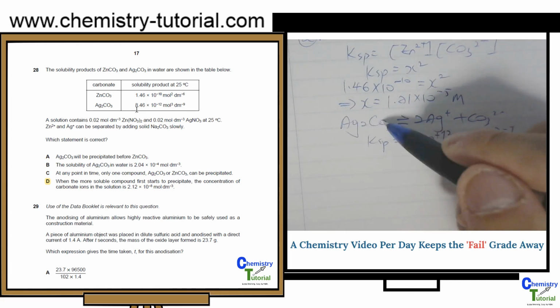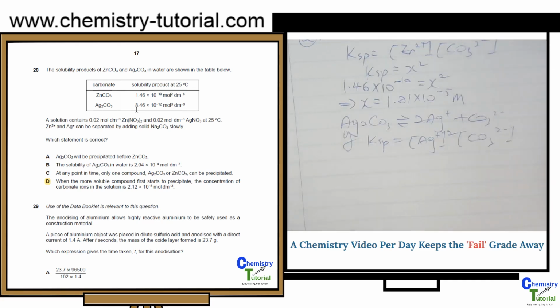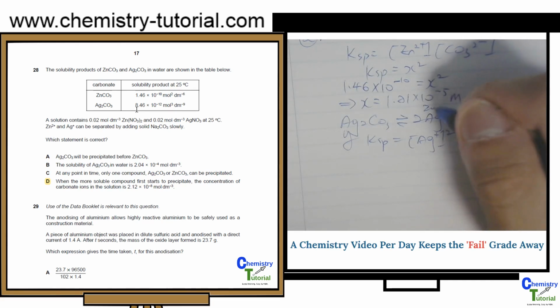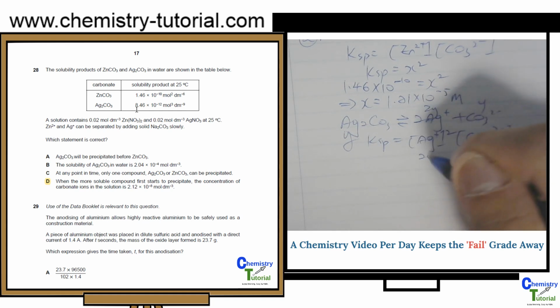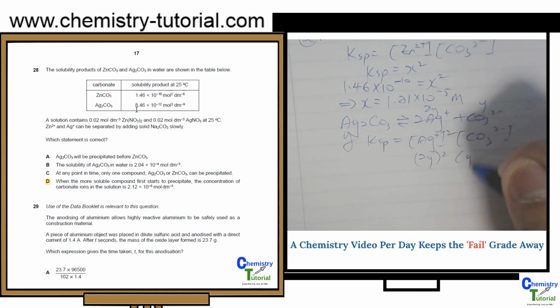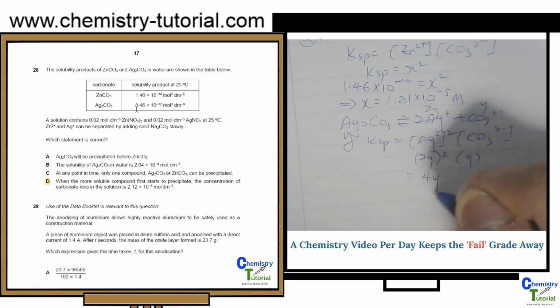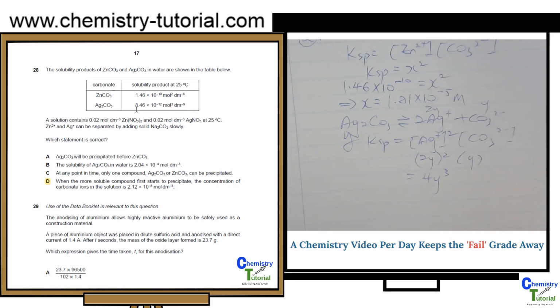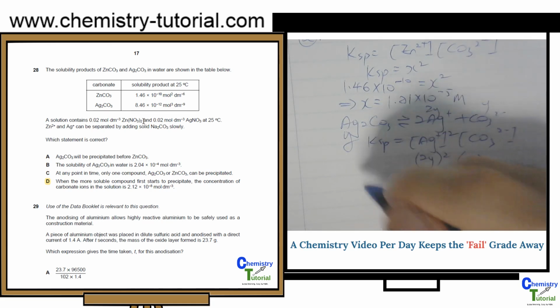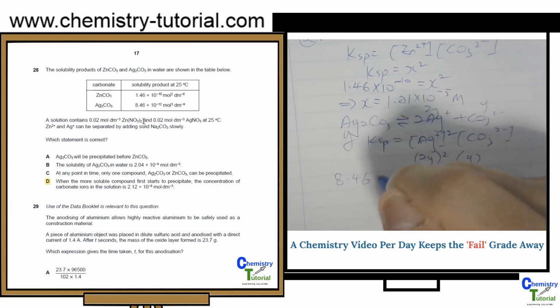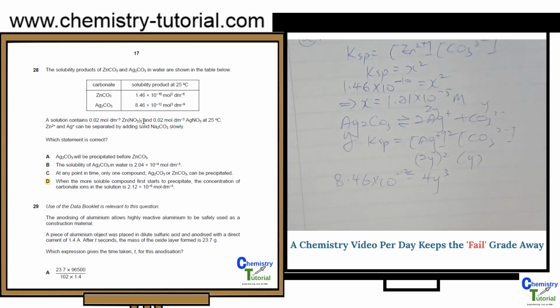Let the solubility of silver carbonate be Y moles per dm cube. So we have 2Y here, and Y here. So this will be (2Y) squared times Y, which is equivalent to 4Y cubed. That means 4Y cubed is equal to 8.46 times 10 to the power of minus 12. So let's find out what Y is.